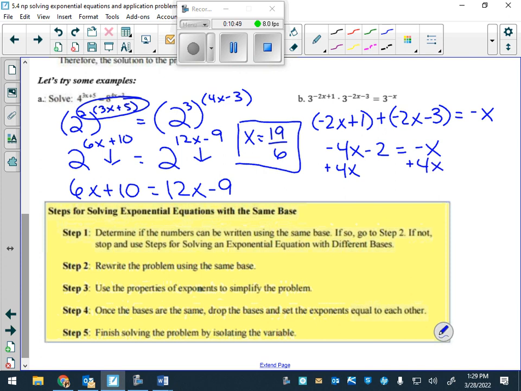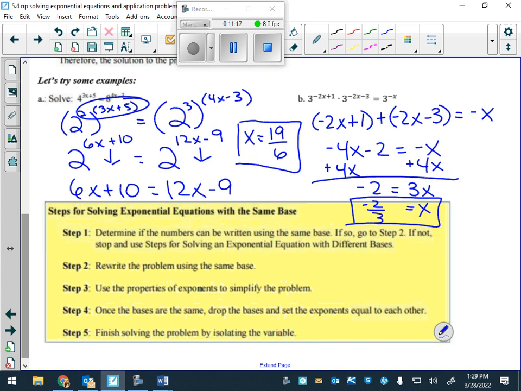Or it doesn't matter. You want to get your x's to one side and your numbers to the other. End up with x equals negative 2/3. Okay. So this will also help you when we have to evaluate and look for the same base, like the perfect roots. That's what you're really looking for.